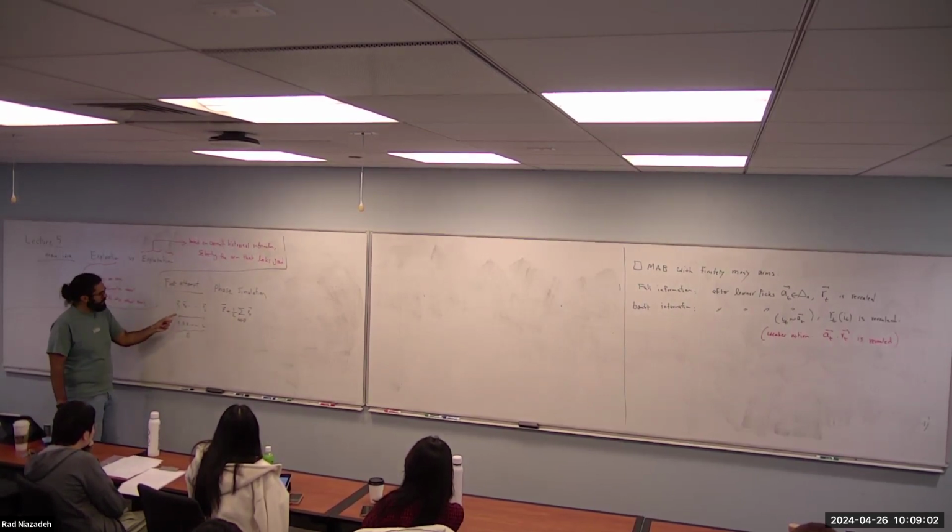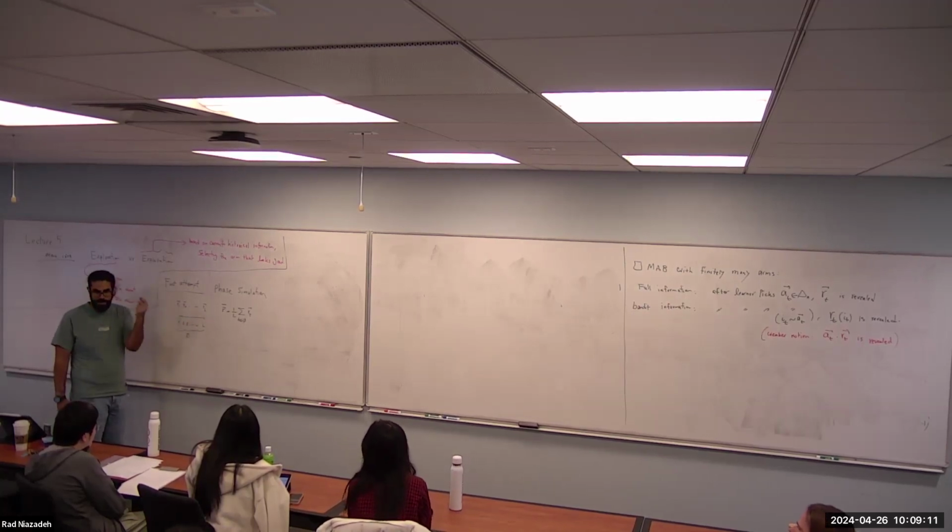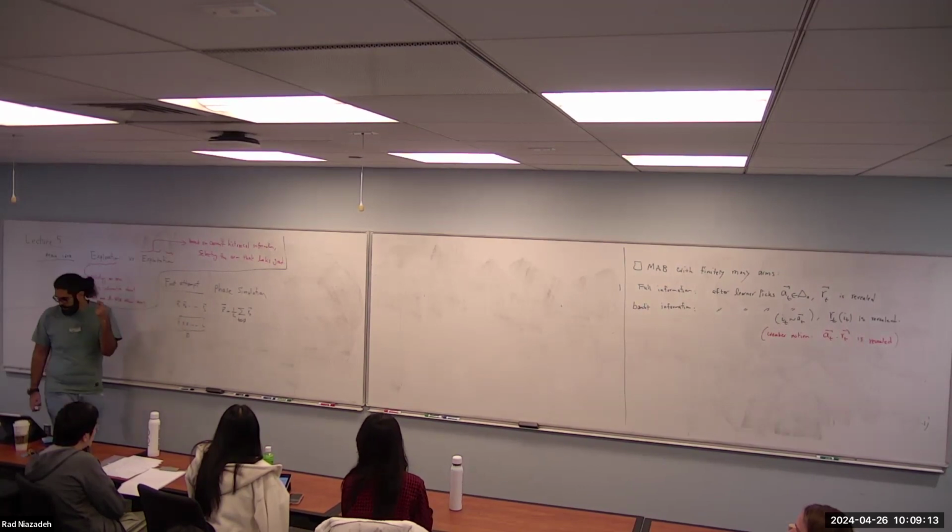Why? Because the probability that this guy is my selected time is 1 over L, this guy is 1 over L, this guy is 1 over L, and so on. So the expected reward that you get by playing fixed action i in that random moment of time would be basically the average reward.